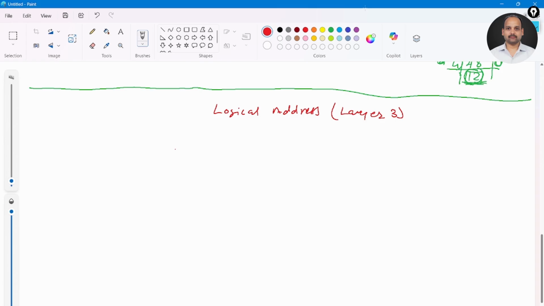In networking, the industry introduced two versions of the logical address: one is called IPv4, and the other is IP version 6. IP version 4 is defined in 32 bits, and IP version 6 is defined in 128 bits.